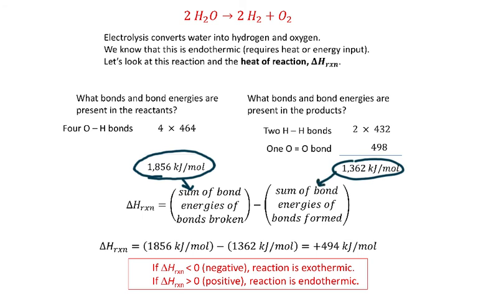And so when we take the sum of the bond energies broken minus the sum of the bond energies formed, we get a positive 494 kilojoules per mole. So it is indeed a positive delta H. Endothermic requires energy.